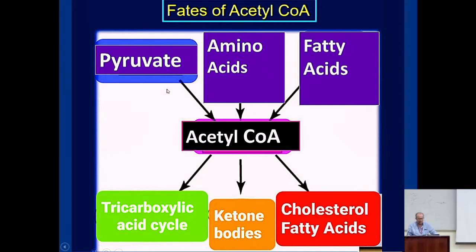Also, acetyl-CoA can be derived from other molecules. Some amino acids produce acetyl-CoA as a keto acid, and the oxidation of fatty acids can produce acetyl-CoA. But for now, let's assume that acetyl-CoA came from pyruvate, from glycolysis, from glucose, and we'll go into the TCA cycle for further oxidation.